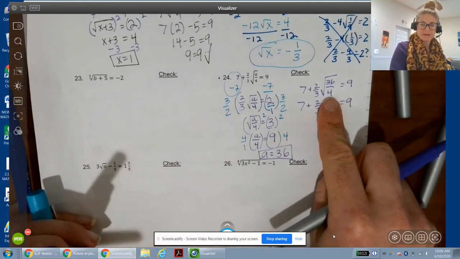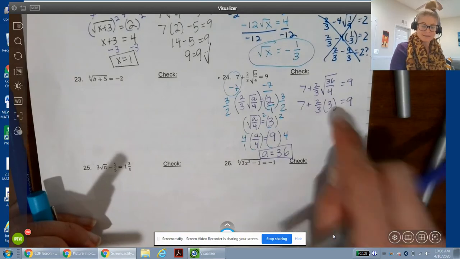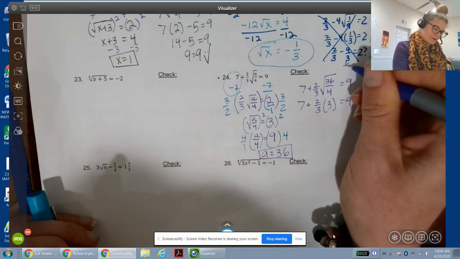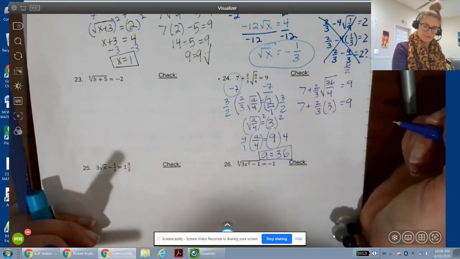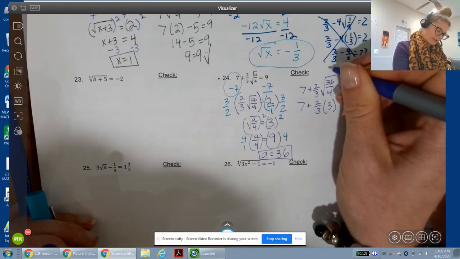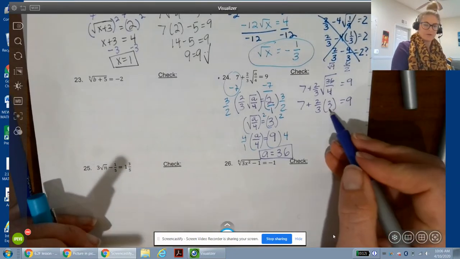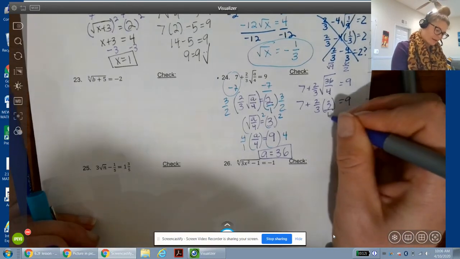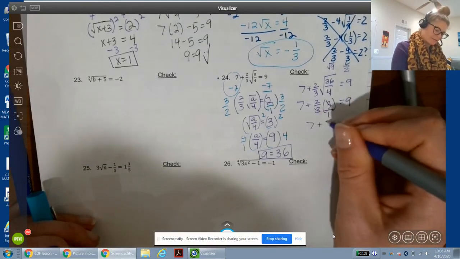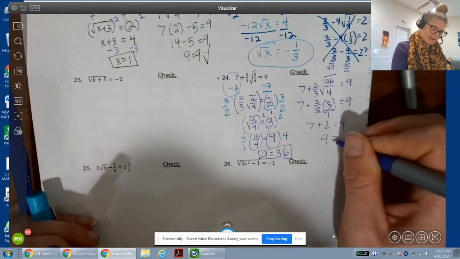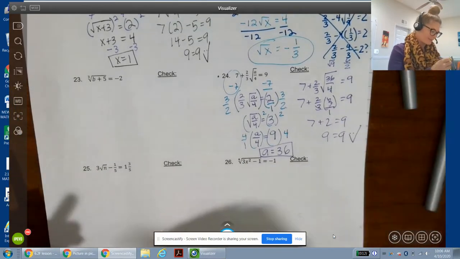And again, I'll go over that one more time. The square root of 36 is 6. The square root of 4 is 2, and 6 over 2 is 3. Or you can think about this as the square root of 9, which is also 3. These cancel out. 7 plus 2, is that 9? Well, yeah, it is. 9 equals 9.